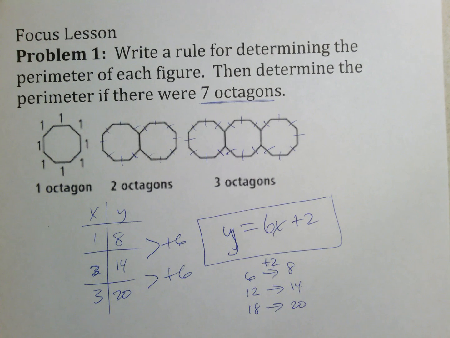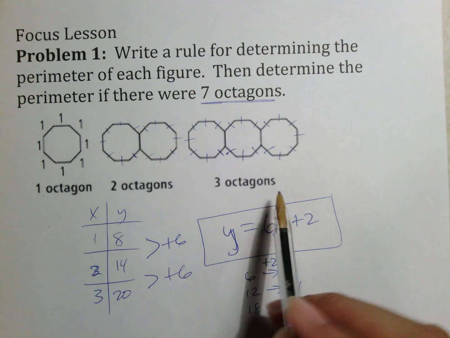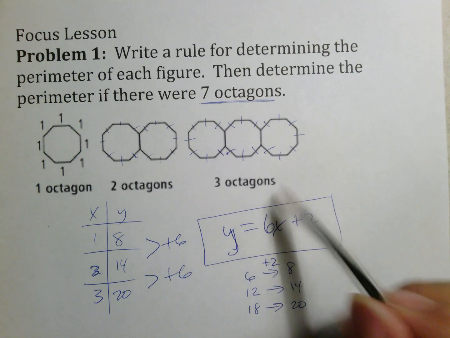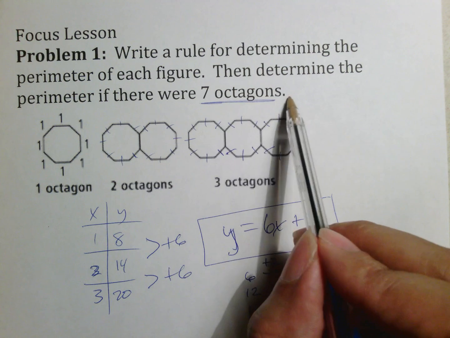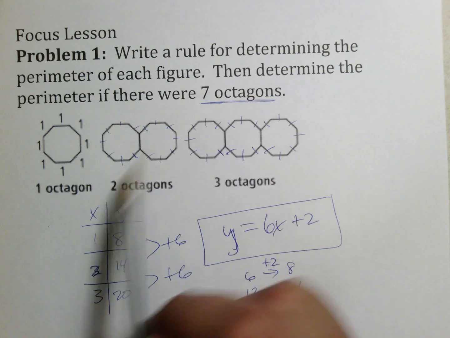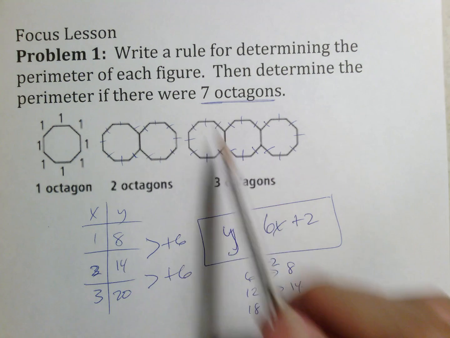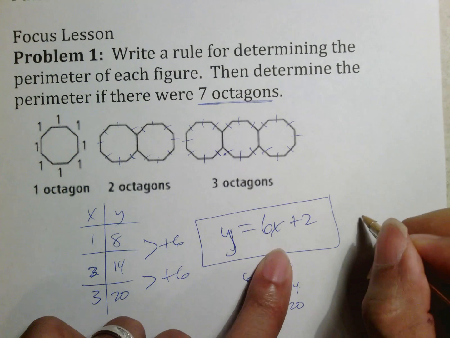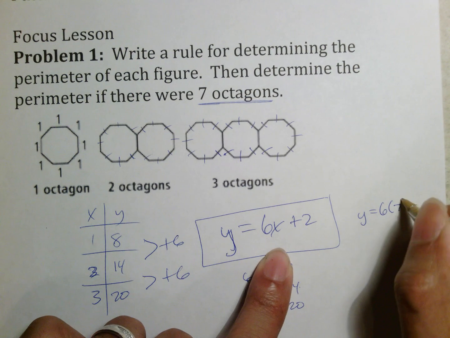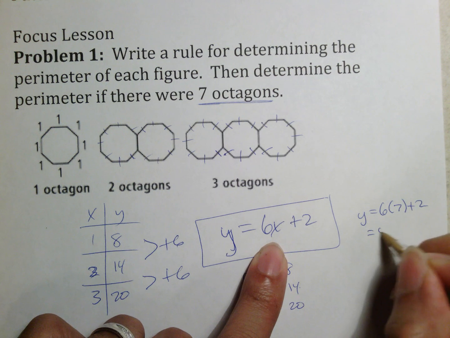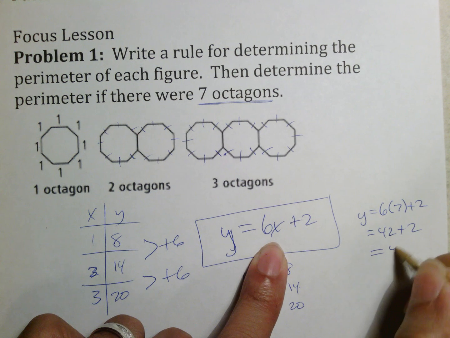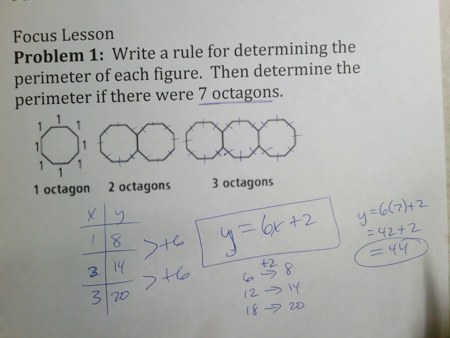The part we're extending this on is, they only give me 3 octagons, but because I have a formula now, I can actually extend it to figure out the perimeter for 7 octagons. If x represents the number of octagons, I simply take 7 and put it in: y equals 6 times 7 plus 2, which turns into 42 plus 2, or 44.